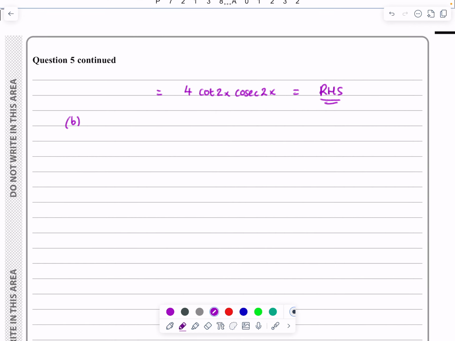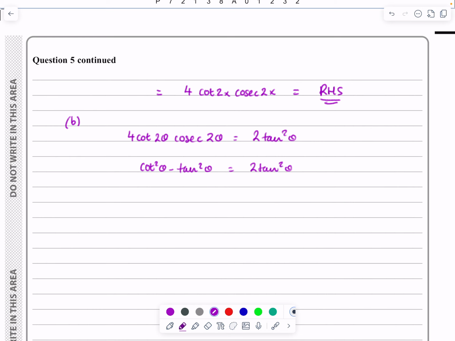So part B, I got 4 cot 2 theta cosec 2 theta is equal to 2 tan squared theta, but then the 4 cot 2 theta cosec 2 theta, that's going to be cot squared minus tan squared. So I've got cot squared minus tan squared is equal to 2 tan squared.